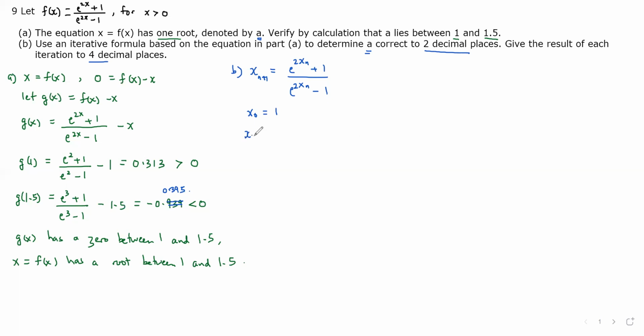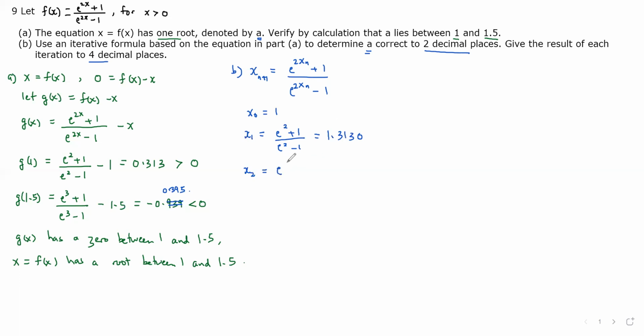And then we can find x sub 1. We replace x with 1. You have (e^2 plus 1) over (e^2 minus 1), and that is 1.3130. Then x sub 2, we replace the x with x sub 1.